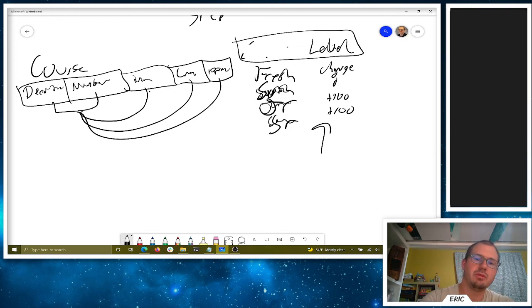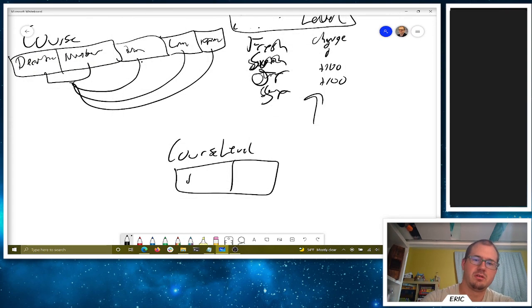Then the joining table could be course level. We could say, hey, we're going to make a course level table. And really, what this is going to have then is a number and the corresponding level: freshman, sophomore, junior, senior. So for any course number, it will have a determined level.